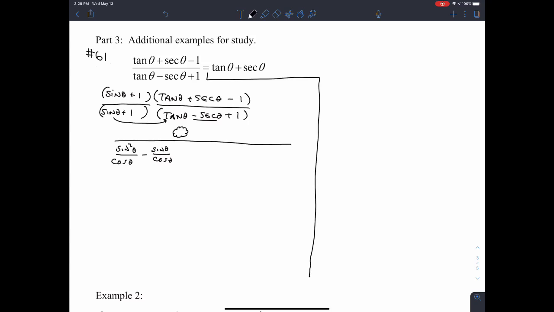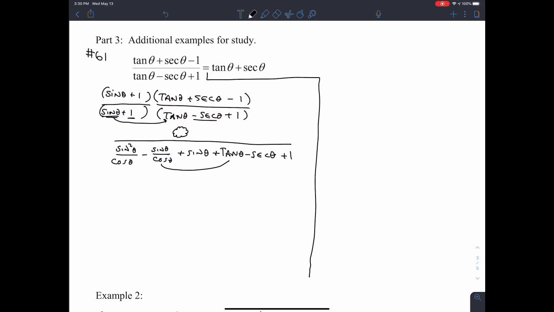That's a tangent, but I'm going to hold off on that for a minute. And then the last one is plus sine theta. So I just multiplied the sine through to all three terms. Now I'll multiply the 1 through. I get a plus tangent theta, a minus secant theta, and a plus 1. I guess I probably should have written that as a tangent since those two items drop out.